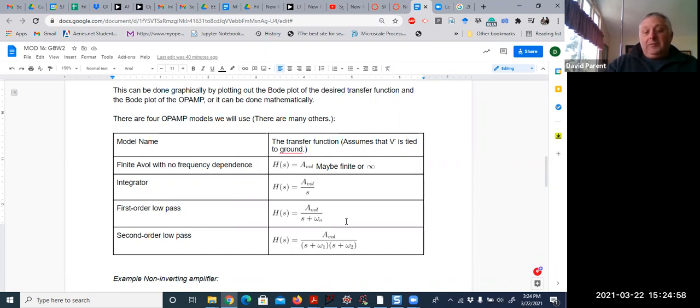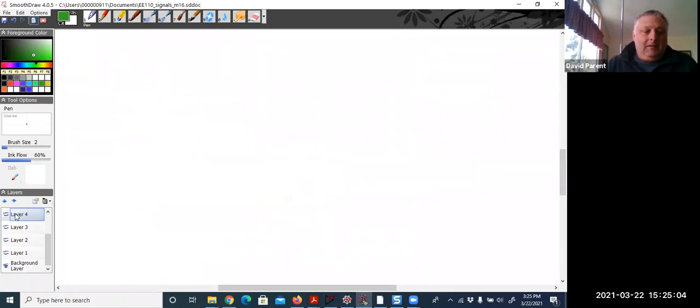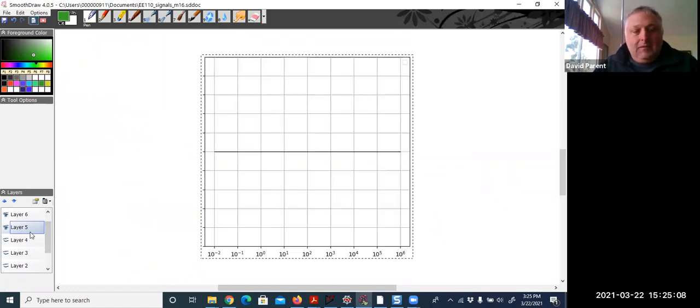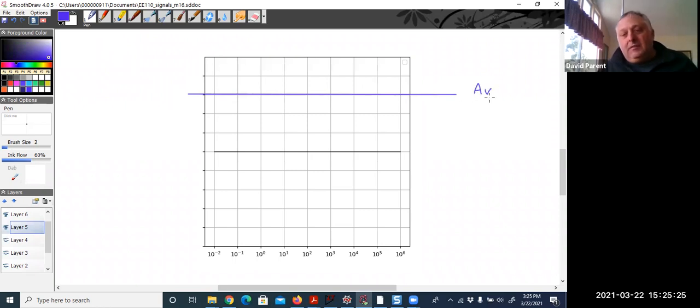But there's no frequency dependence, right? So that model is just constant.